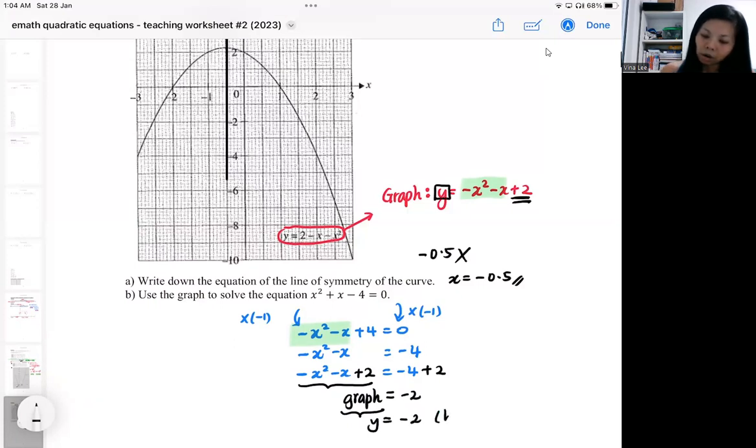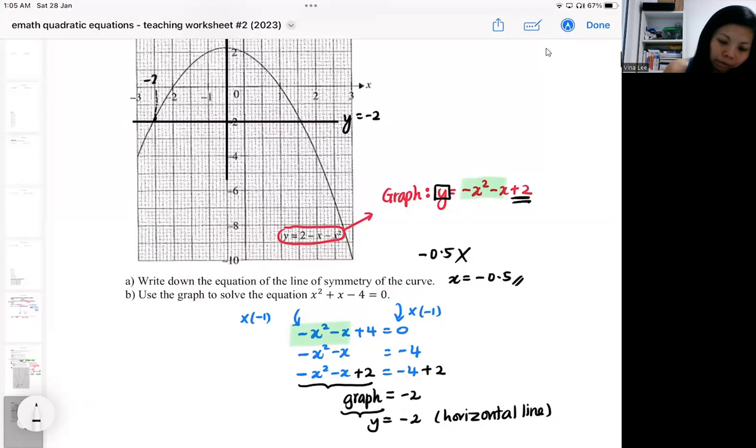So this is a horizontal line. I'm going to solve the equation by adding a horizontal line and reading off to get the solution.